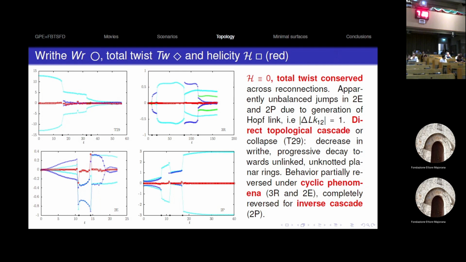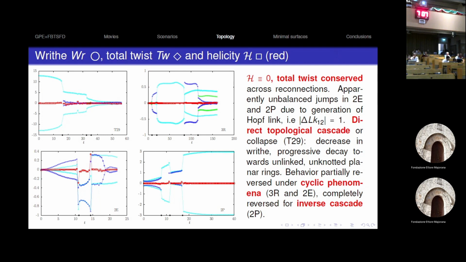So if you do the summation of twist, writhe, and linking number to get the helicity, you end up with zero helicity. The same is true for the two perturbed rings. So I would say that the zero helicity condition is confirmed.